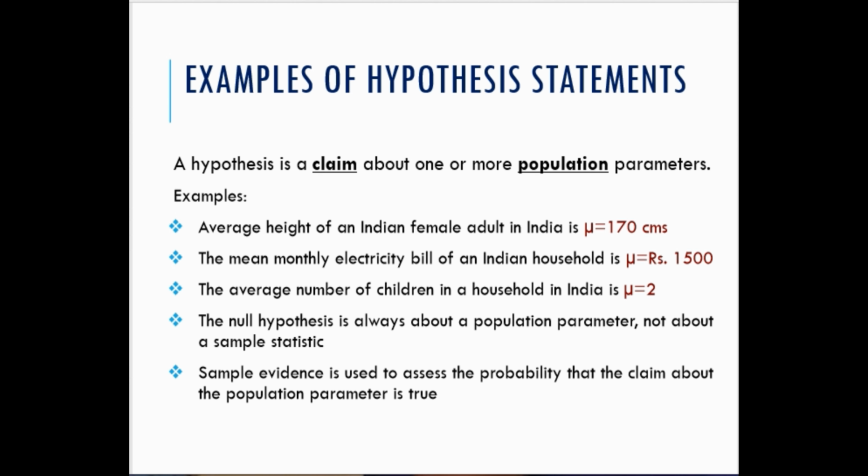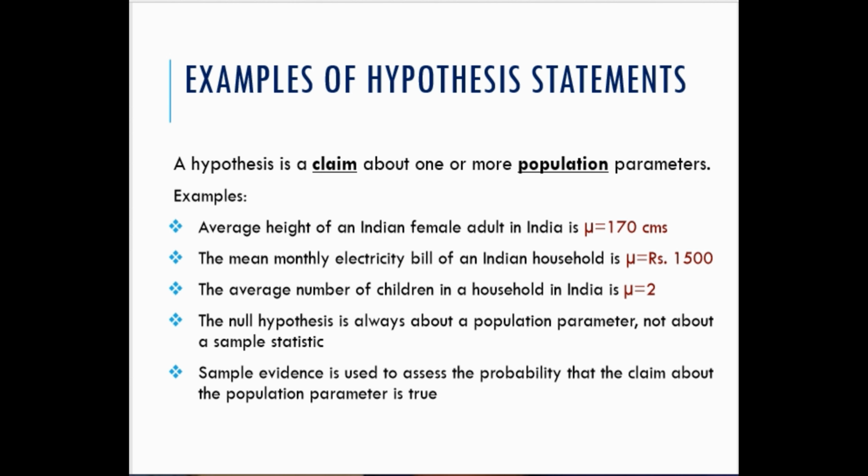Okay. Now what are some of these claims that you can make? Say the average height of an Indian female adult in India is mu equals 170 centimeters. Or the mean monthly electricity bill of an Indian household is mu equals rupees 1500. Suppose you say that the average number of children in a household in India is mu equals 2.